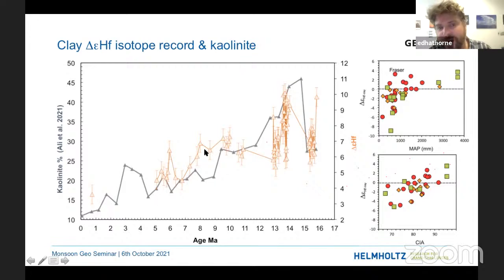And therefore, it could be that it was more extreme. It could be that it was for more of the year. What I'm trying to explain is that if you have very strongly weathered material and you erode that and transport that, then you're going to get these extreme delta epsilon Hathorne clay values.